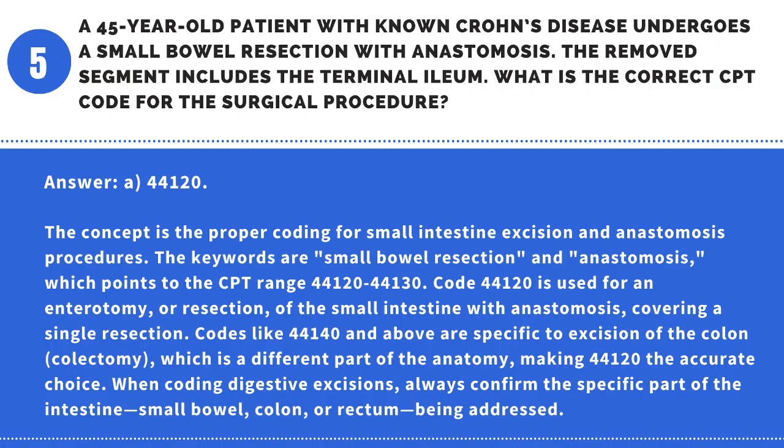Codes like 44140 and above are specific to excision of the colon, colectomy, which is a different part of the anatomy, making 44120 the accurate choice. When coding digestive excisions, always confirm the specific part of the intestine, small bowel, colon, or rectum, being addressed.